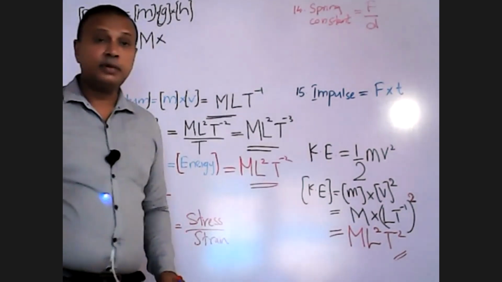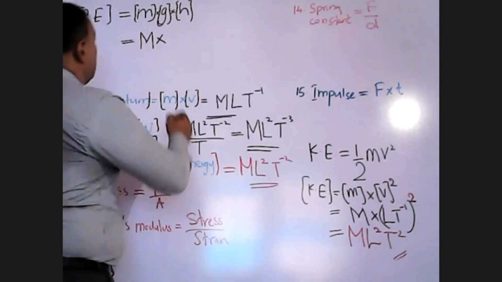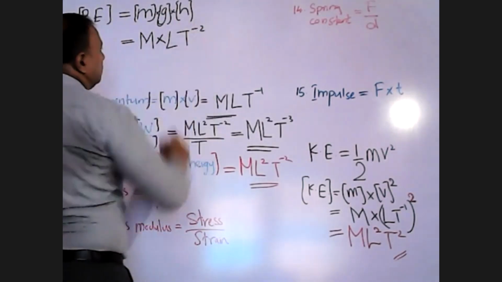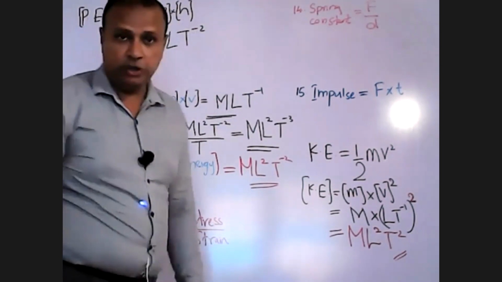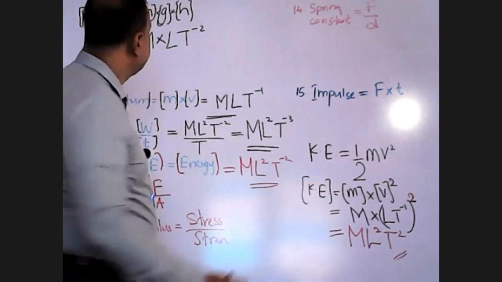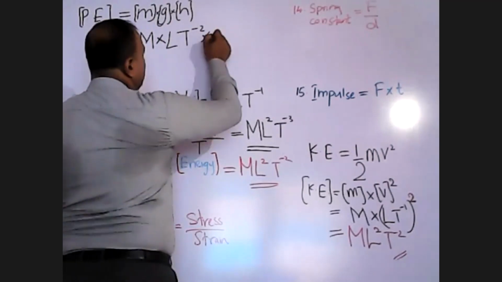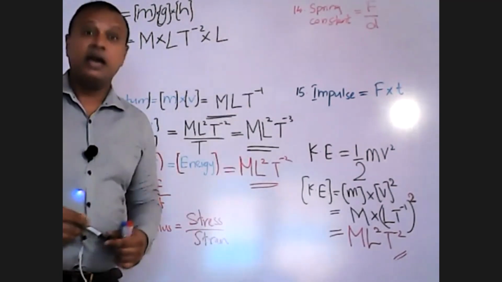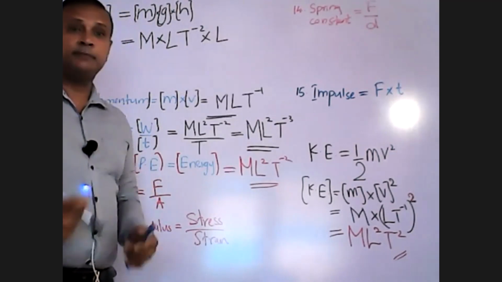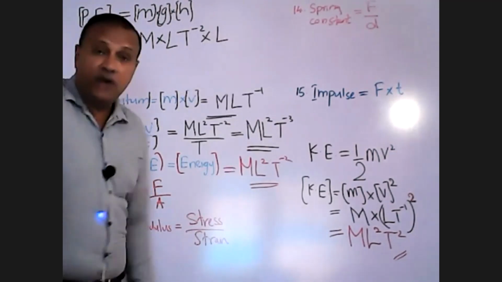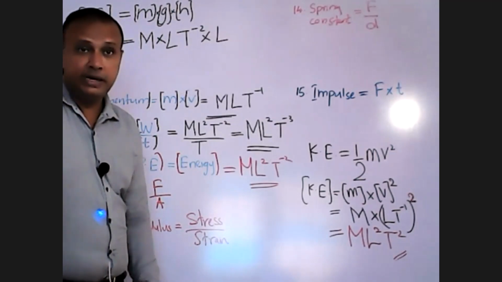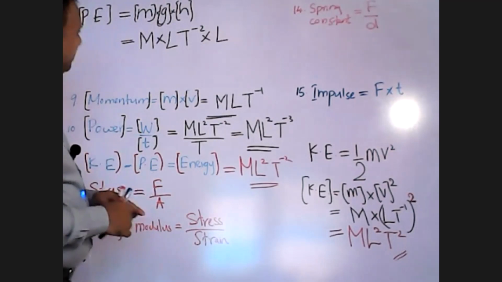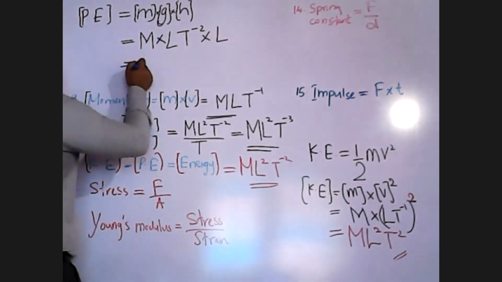So the dimension of g is LT minus 2. Then the dimension of h: it is a height, and height is measured by a length, so the dimension of height is L. So we have M L T minus 2 into L. We can simplify this now.